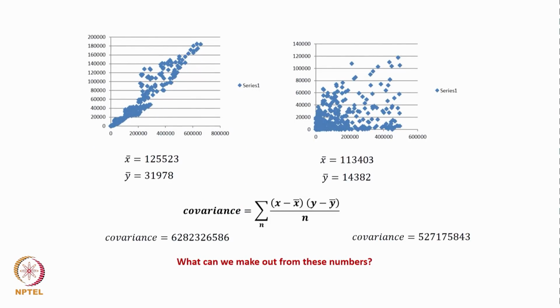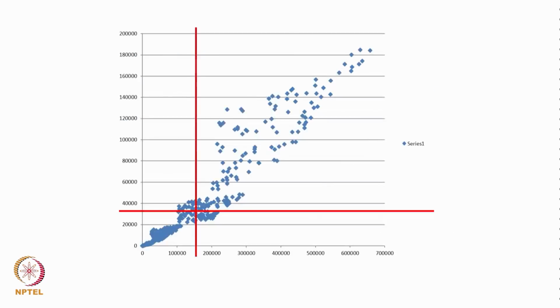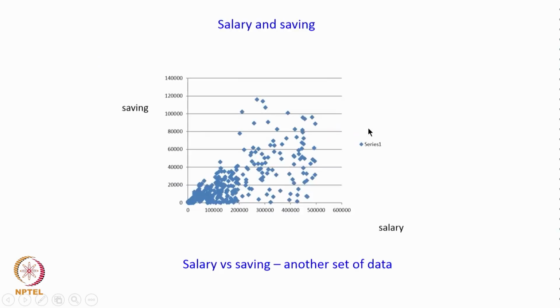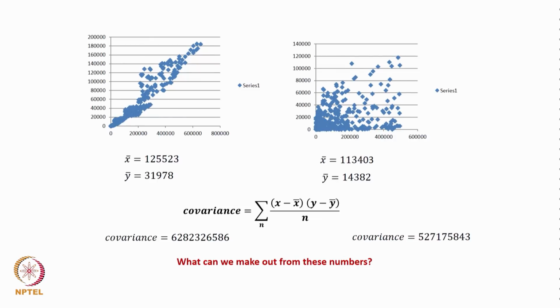So, when we do this, the first picture, we go back to this. This is the original data and this is the random. So, we get back to this picture and then we try to find out x bar and y bar. So, in this picture x bar is 1 2 5 5 2 3 and y bar is 31 9 78. In the random picture, x bar is 1 1 3 4 0 3 and y bar is 1 4 3 8 2.